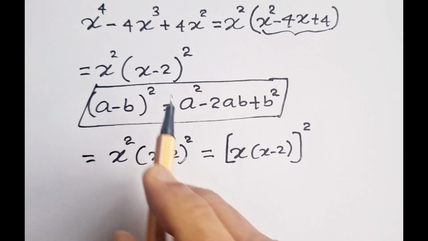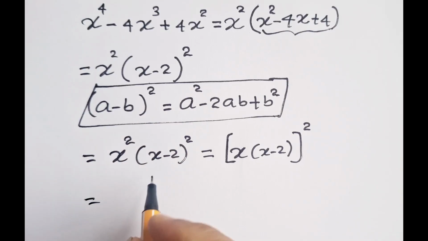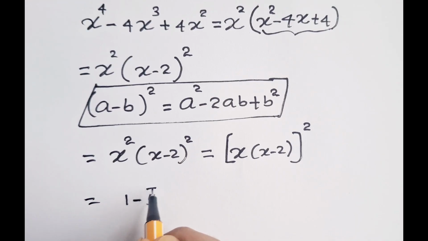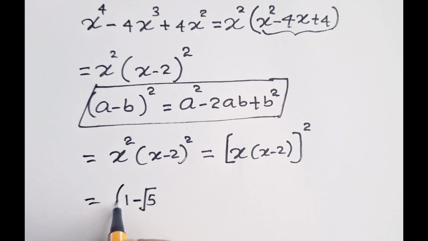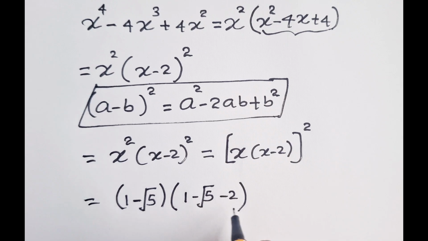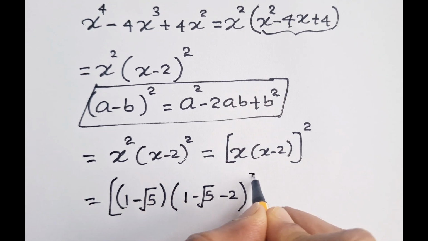So now I can substitute the x value here. x equals 1 minus square root 5. So this will become ((1 minus square root 5) times (1 minus square root 5 minus 2)) to the power 2.